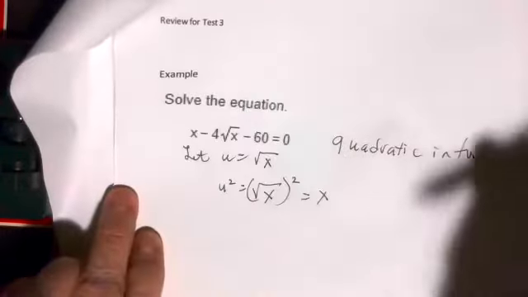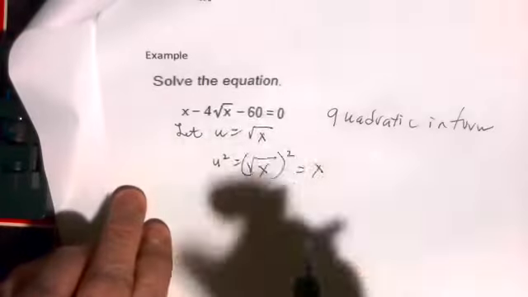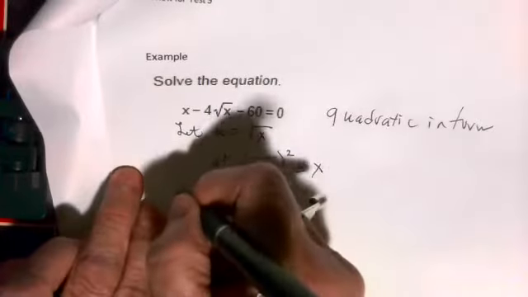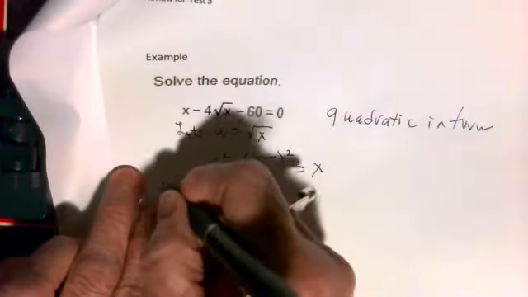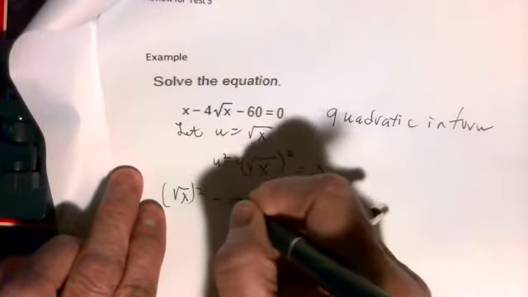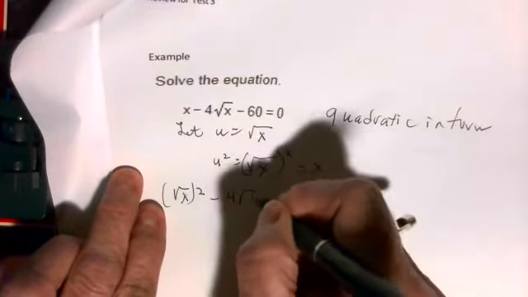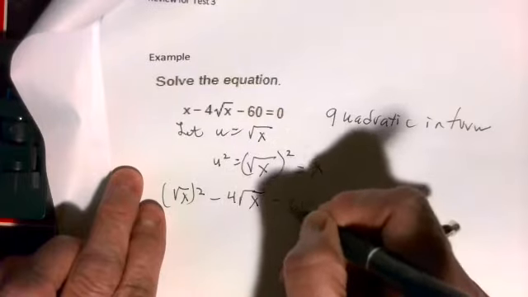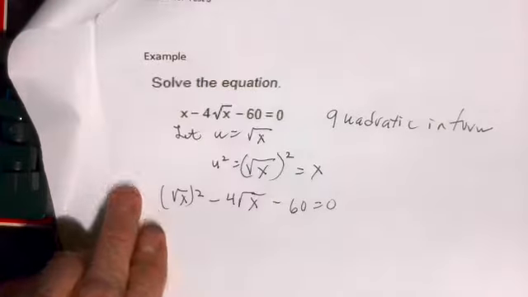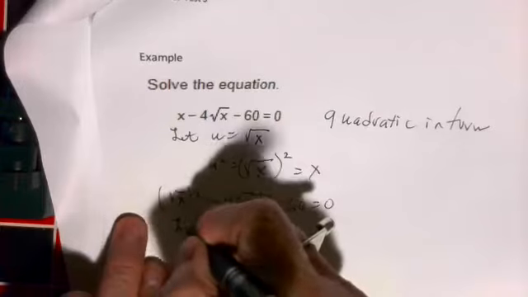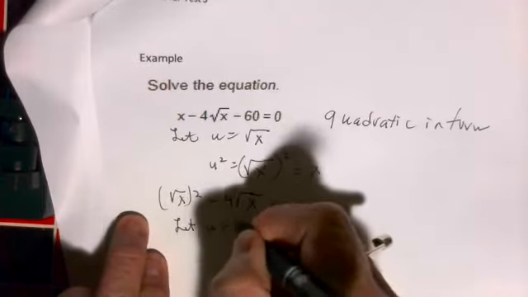So this actually is quadratic in form, and sometimes you see this. So this is the square root of x squared minus 4 times the square root of x minus 60 equals 0. So I'm going to, in this case, let u equal the square root of x.